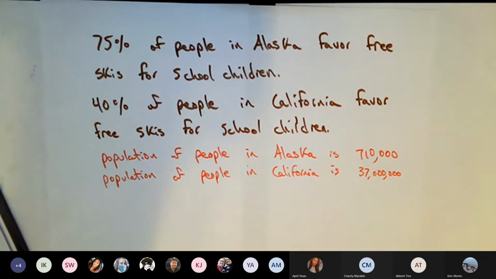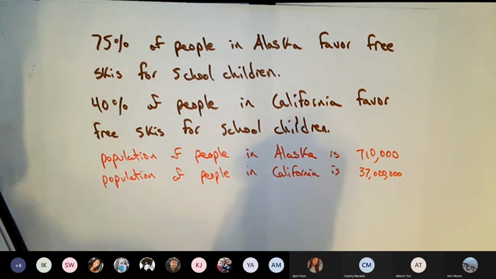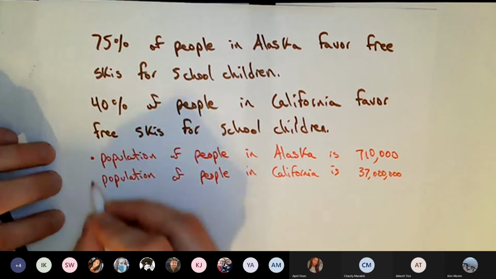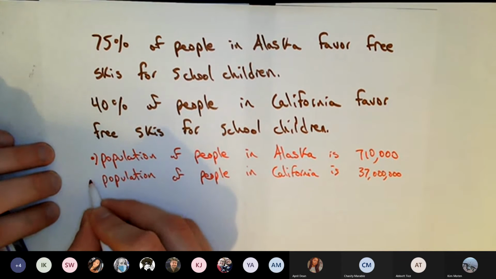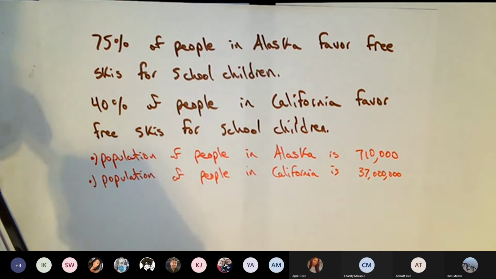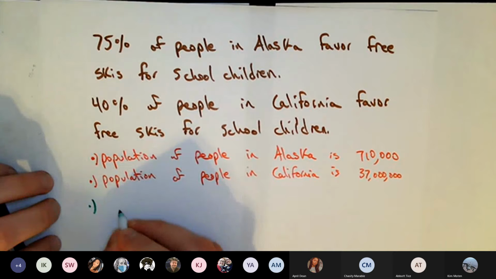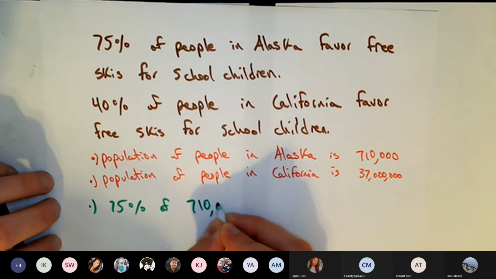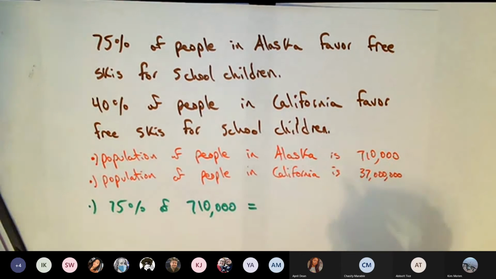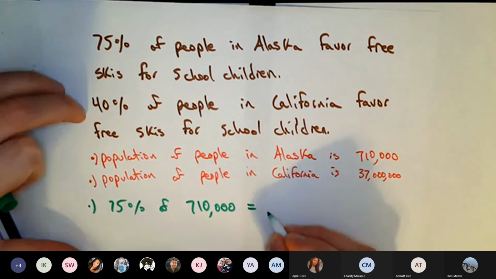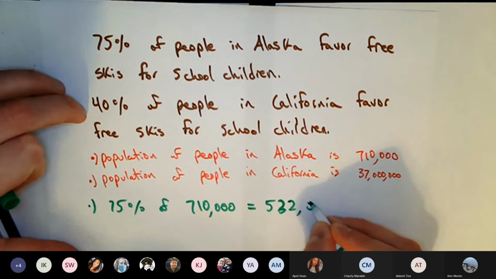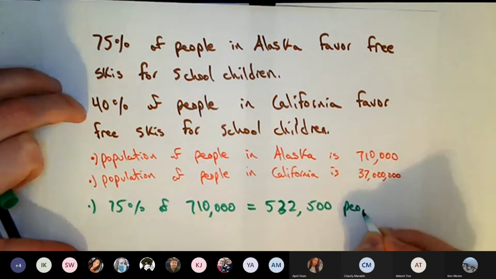So this 75% of people in Alaska favoring free skis for children is going to be 75% of 710,000, which is going to be 532,500 people.